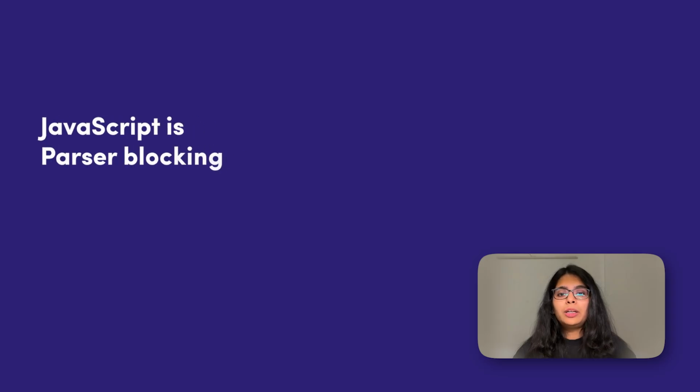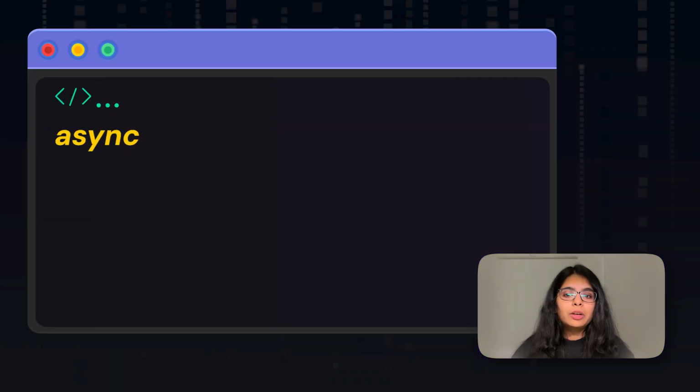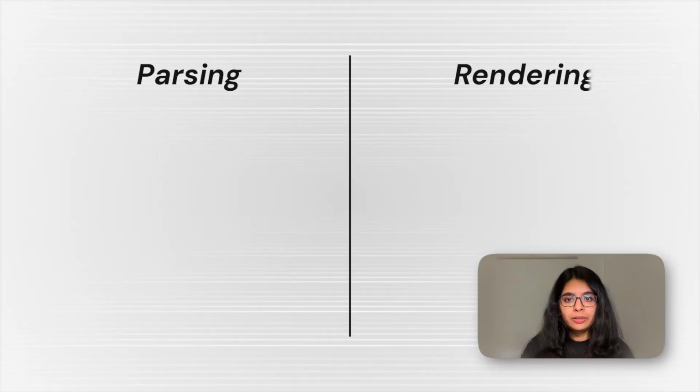Whereas JavaScript is not render blocking, but parser blocking, which means that if you are not using attributes like async or defer, scripts will be downloaded and executed as encountered, which can modify the DOM tree and the CSS object model tree. I'll just talk a little bit about the differences between parsing and rendering.